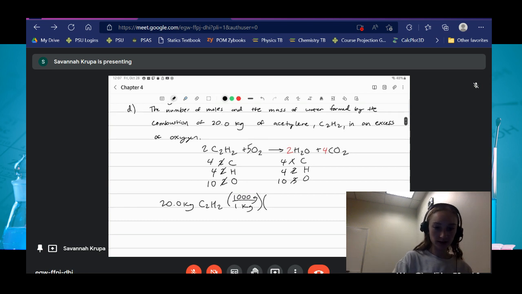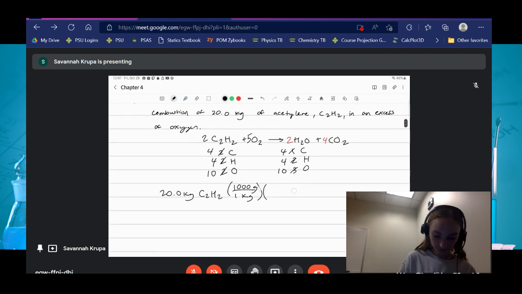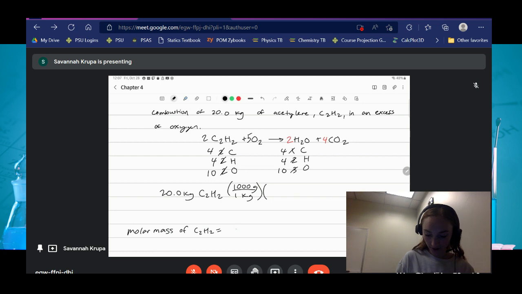So the molar mass of C2H2 equals, there's 2 carbons, so 2 times 12.011, because that's the molar mass of carbon, and then we have 2 hydrogens, so it's 2 times 1.008 for the hydrogen molar mass.